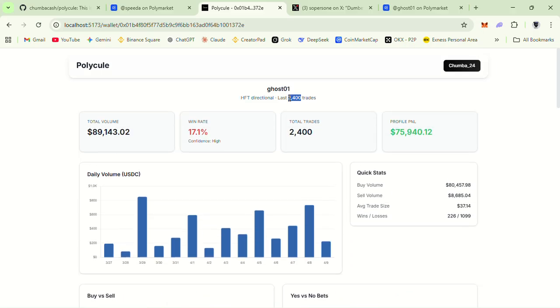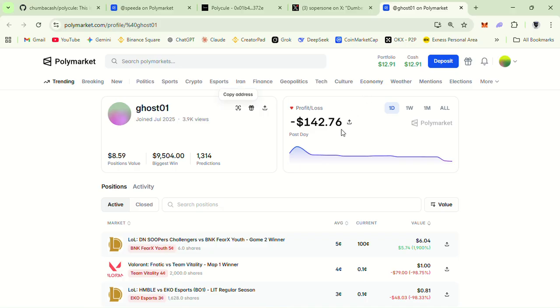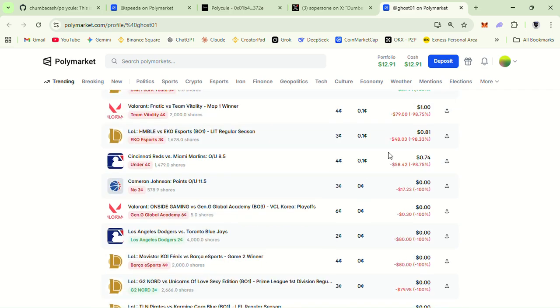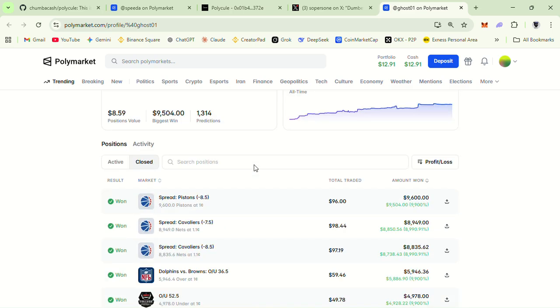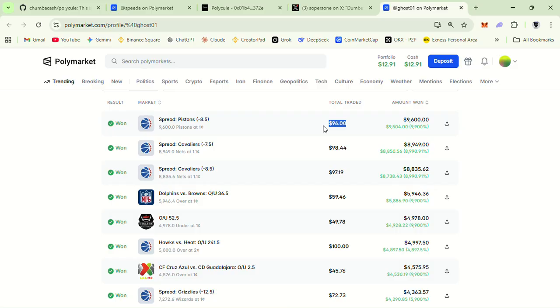This account has trades like 2400 times, and you can see the win rate is quite low, but the PNL is quite good. But this wallet has been losing for the past 1 week, and in a month he made like $1,000.